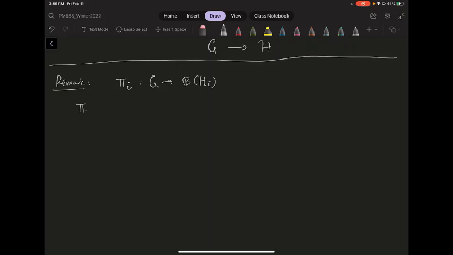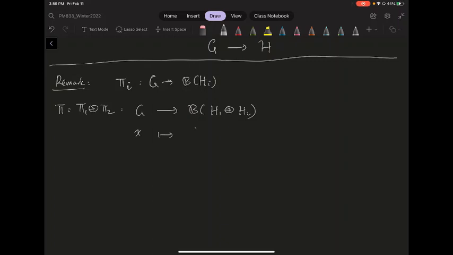Consider pi_1 direct sum pi_2, which we call big pi. You define it as a map from G to the bounded linear operators on H_1 direct sum H_2. It maps x to the following operator.